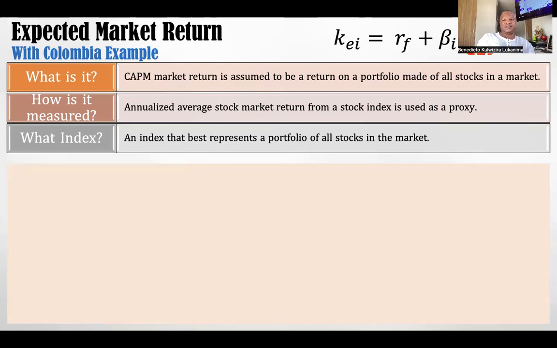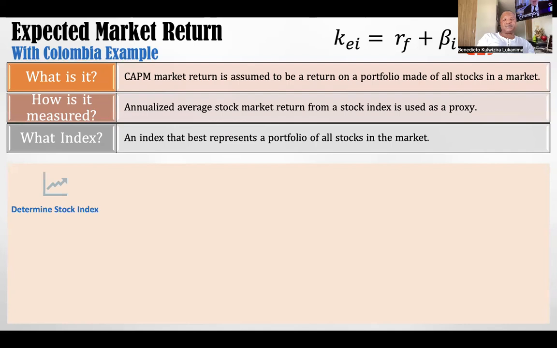But take note that the choice of the stock index will influence the estimated cost of equity. There are no standards. And that's why we should not expect a single figure for cost of equity for every analyst. It depends on what judgments we make on estimating each of the CAPM variables.